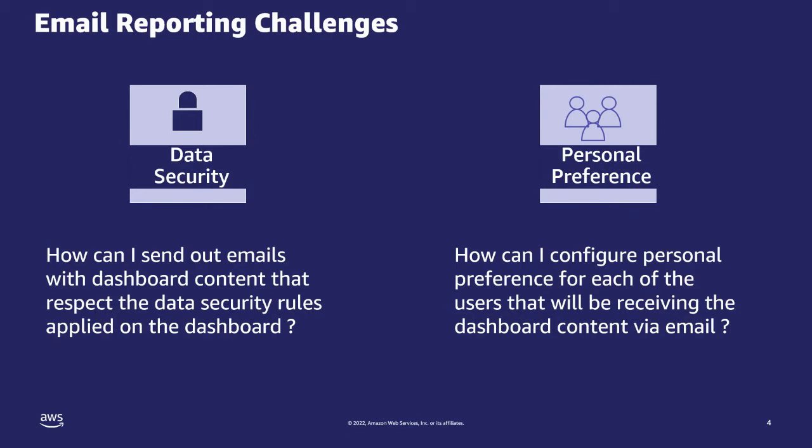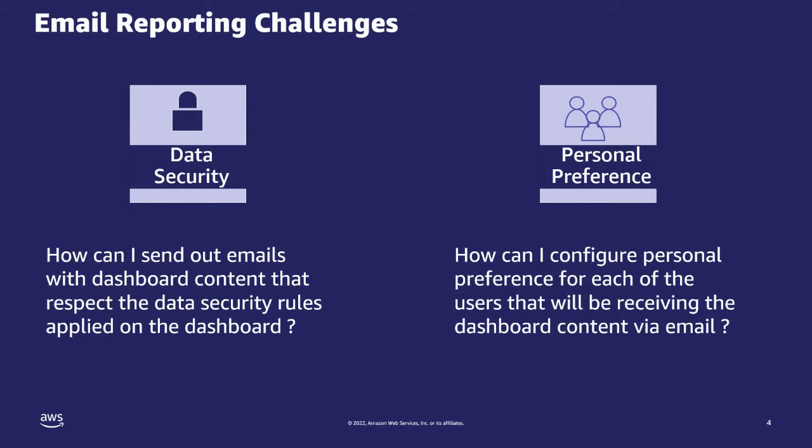In the case of Christy, she belongs to the Asia Pac Japan team and can see only SMB and strategic segment sales data. So we want to make sure that when the personalized email content is going to Christy, she accidentally doesn't get to see the Americas or EMEA data.